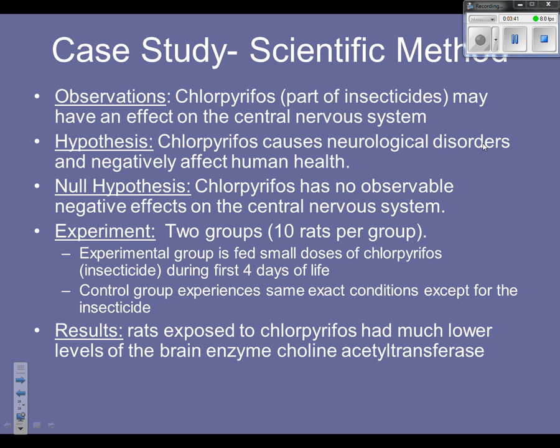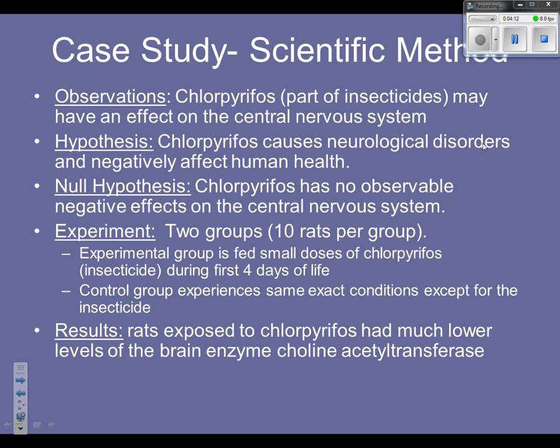So here's a case study. There was an observation that the organic insecticide chlorpyrifos may have had an effect on our central nervous system. The hypothesis for these scientists testing this observation states that this insecticide will cause neurological disorders and have a negative effect on human health.